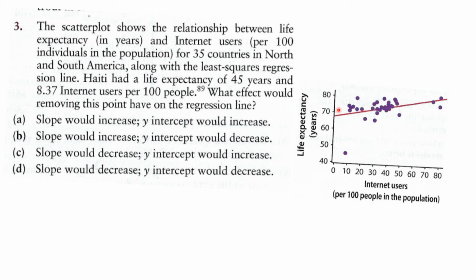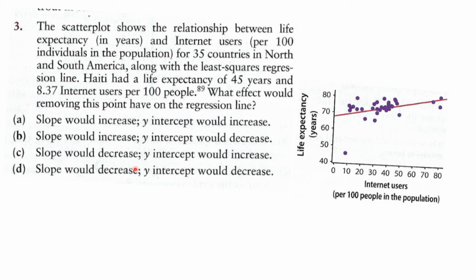If it weren't for Haiti, the slope would be more of a flat line than it currently is. But Haiti's pulling that line down to make it more of a positive slope than it would be otherwise. So if we get rid of Haiti, this slope, which is positive, is going to decrease.